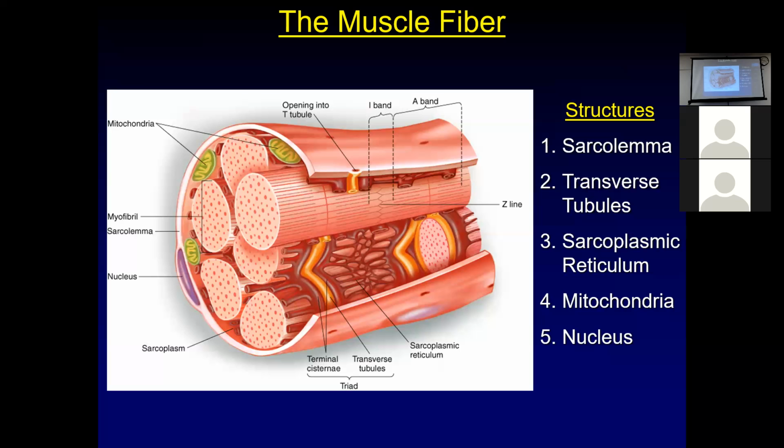Does anybody remember the one really important thing that is stored in the sarcoplasmic reticulum? Calcium. Very good. For our purposes in class, that's all you need to know about the sarcoplasmic reticulum. It is a storage site for calcium.